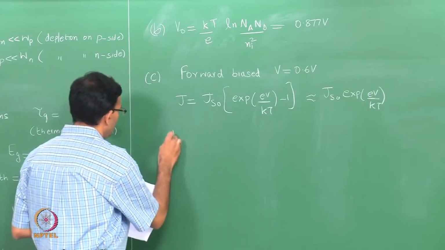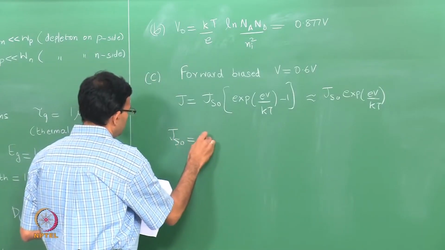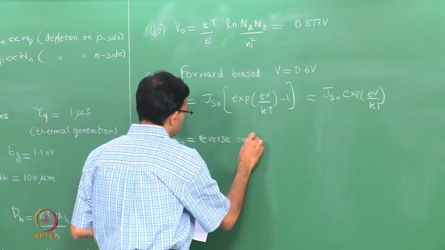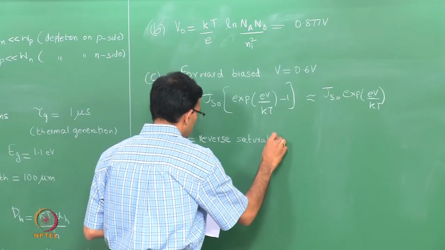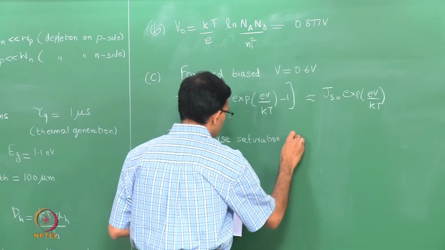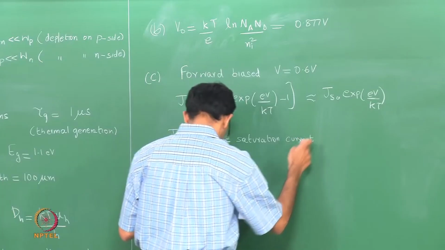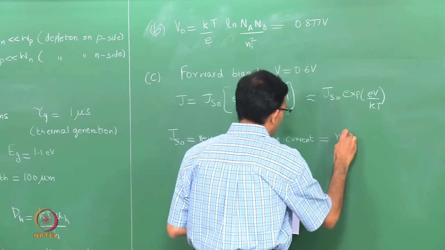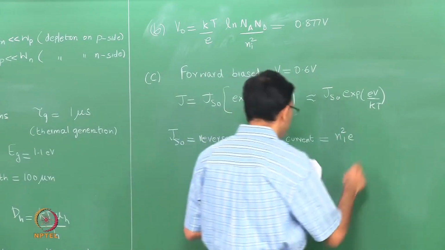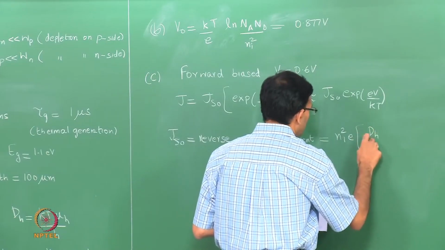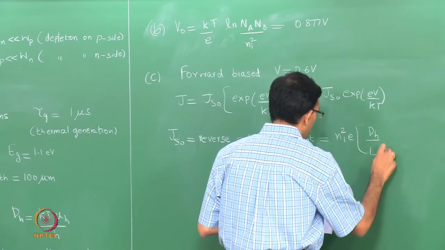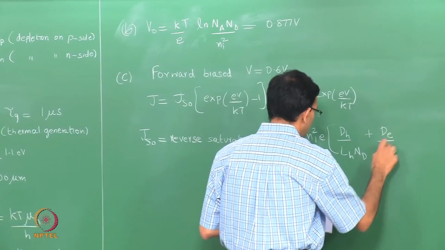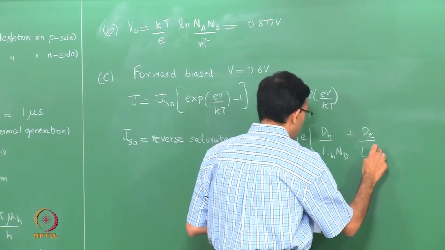Js naught is your reverse saturation current, and this is given by Ni square e dH over LH Nd plus dE over LE Na.